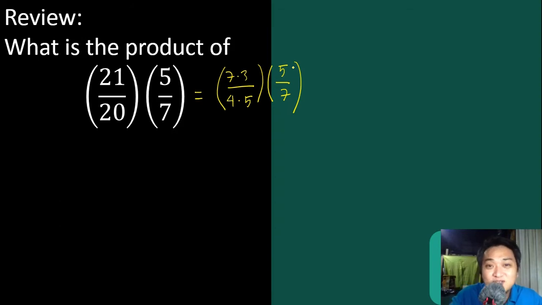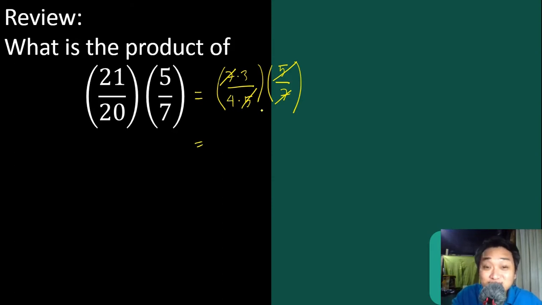di po ba? So, in this case, sa tingin ko, meron tayong 7 dito sa taas, may 7 tayo dito sa baba, as well as 5. And we cancel them out because 5 divided by 5 is just 1, 7 divided by 7 is just 1. So, in this manner, hindi mo na minultiply yung 21 times 5 or 20 times 7.